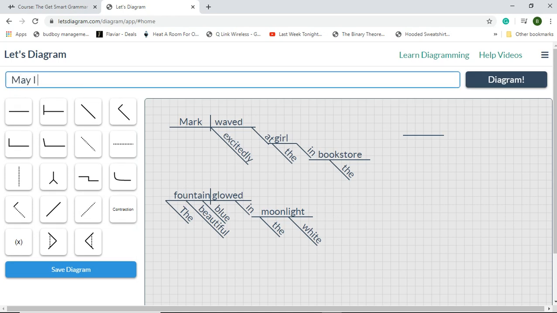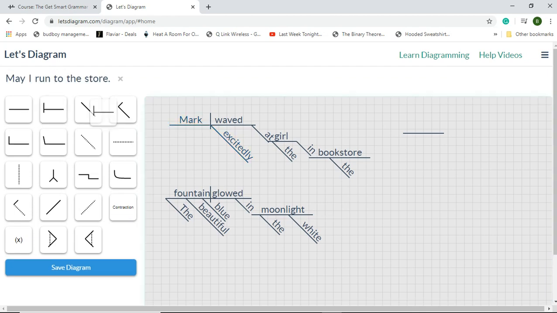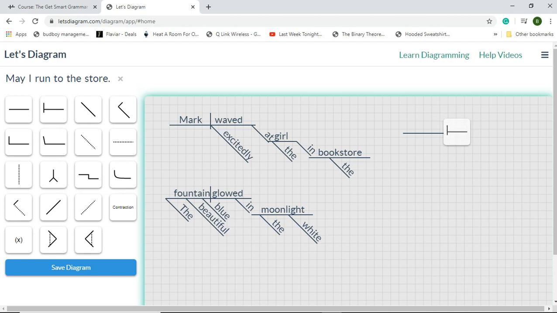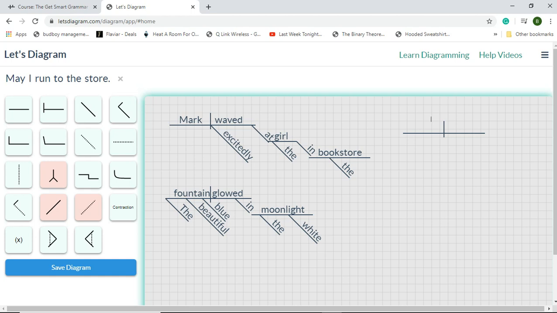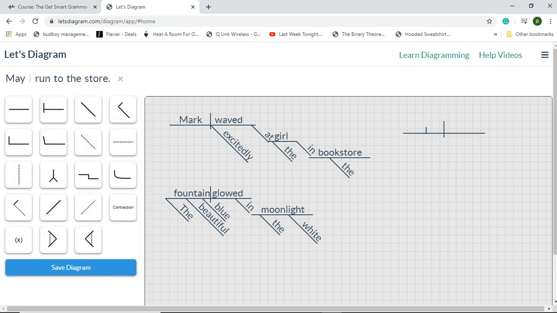May I run to the store. I's are always capitalized. So we're going to diagram and make a cross. Right there. And we look up, what is the subject? The subject is I. The pronoun I is the subject of the sentence.